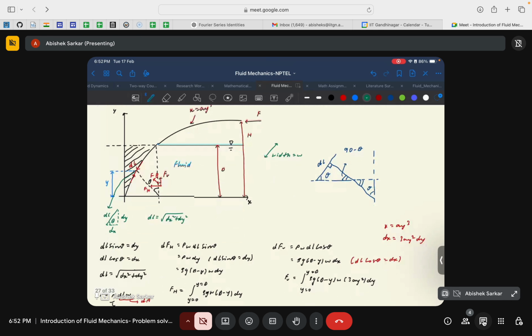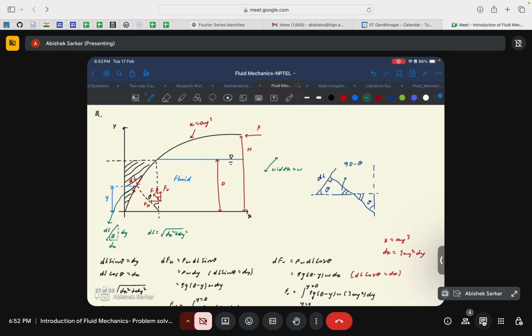Let us proceed with another example. Rather than having a defined curved surface, for example a semicircle or some other definite shape, you might have curved surfaces that may be defined by some equations or relations.